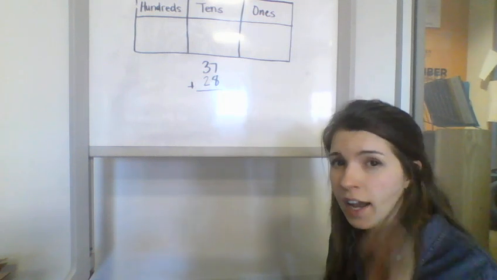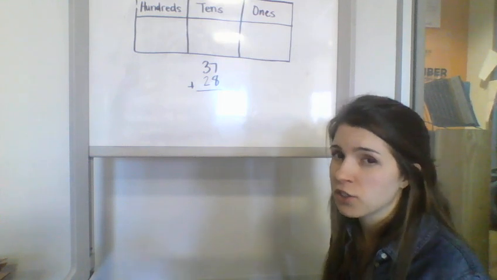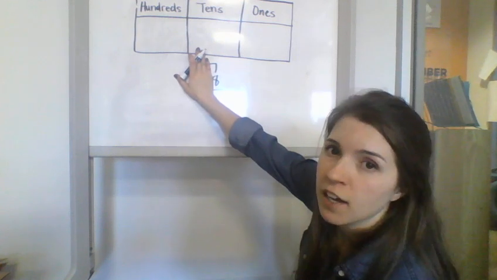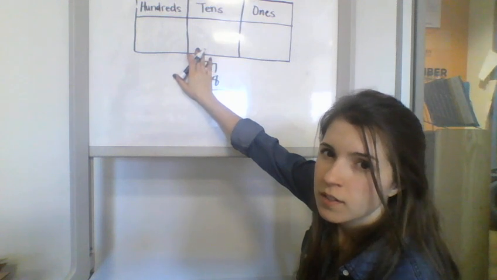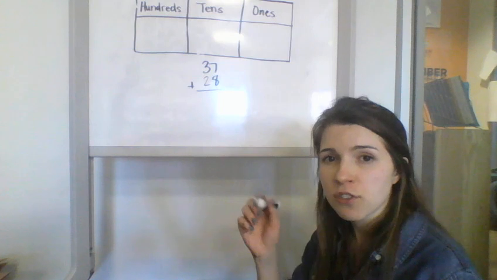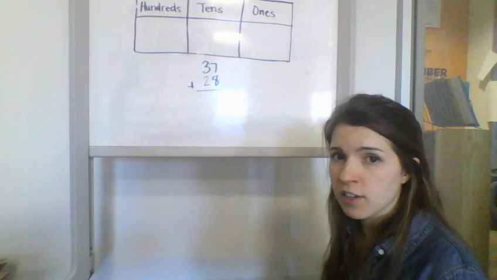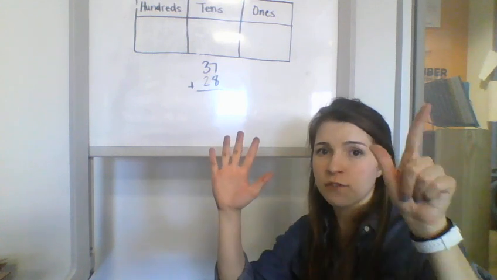But first, we're actually going to break this number down a little differently, like we did when I first showed you before we did any of the examples. So looking at the ones place value, 7 plus 8 equals what? 7 plus 8. You can count on in your head. If you have little drawings, you can do drawings on the side. So 7 plus 8, so 7, 8, 9, 10, 11, 12, 13, 14, 15.